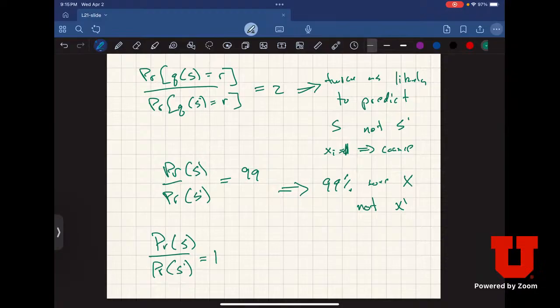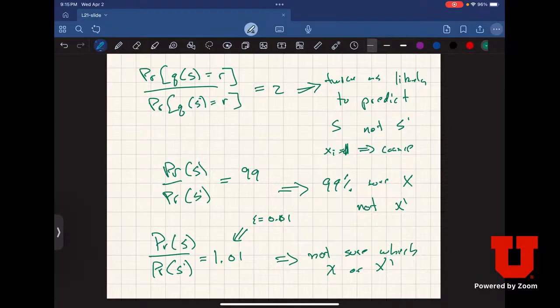On the other hand, if the ratio is small, it's going to be something like 1.01. This would correspond to approximately epsilon equals 0.01, so epsilon is like 1 over 100. This would be a small epsilon, a strong amount of differential privacy. Then I am not sure which of X or X prime it is. The probability of them is basically equal. If the ratio is 1, then they're equally likely.